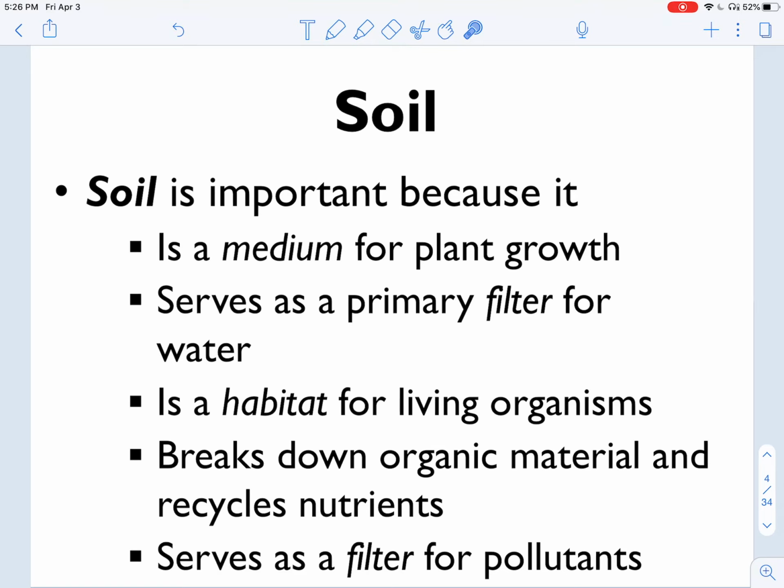It is the place where organic material is broken down and we can actually recycle nutrients. So nutrients will be used by us and by animals and they'll get broken down. Leaves use nutrients, they'll get broken down by organisms, so we can recycle those back into the soil. It also serves as a filter for pollutants. So water and in general pollutants. So really important aspects of what soil does.